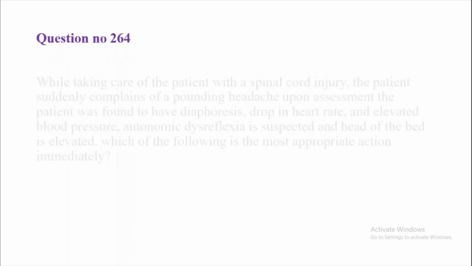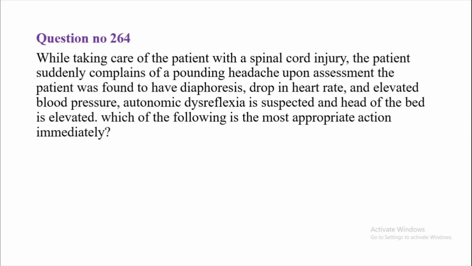Question number 264. While taking care of the patient with a spinal cord injury, the patient suddenly complains of pounding headache. Upon assessment, the patient was found to have diaphoresis, drop in heart rate, and elevated blood pressure.